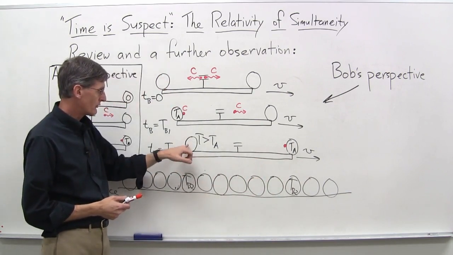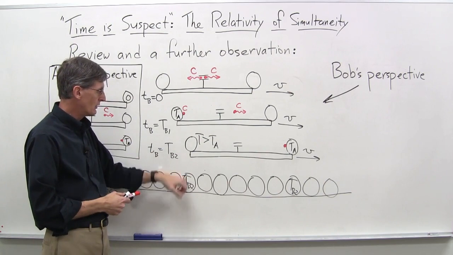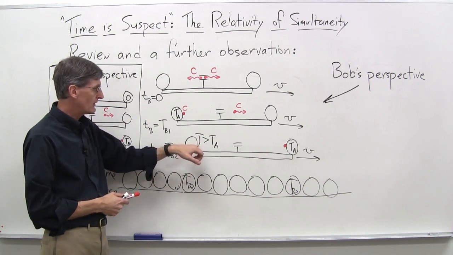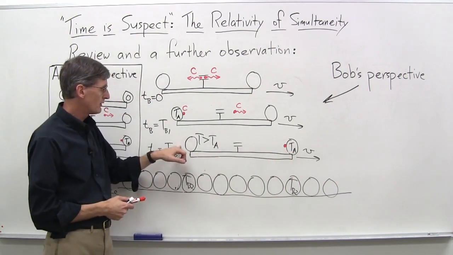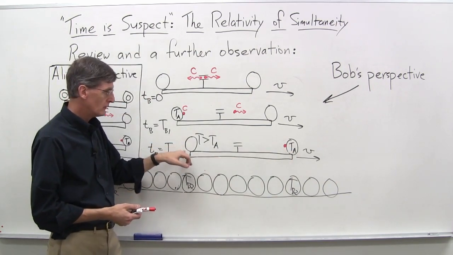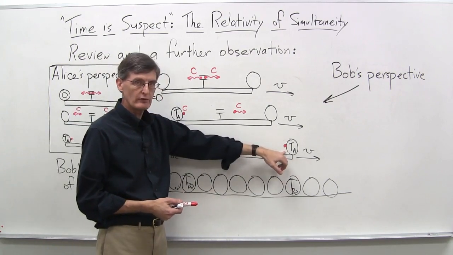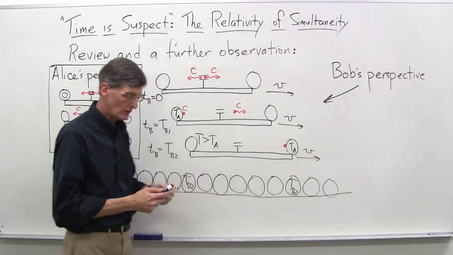He also, though, says, hey, my clock back here also reads T sub B2, and I just took this picture. But your clock is going to be a time greater than T sub A. So the rear clock is going to be a higher value than the front clock here, as Alice moves on.